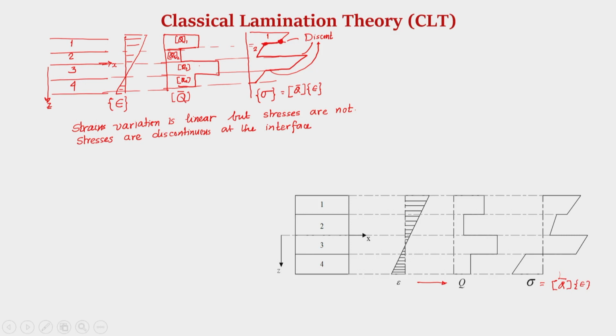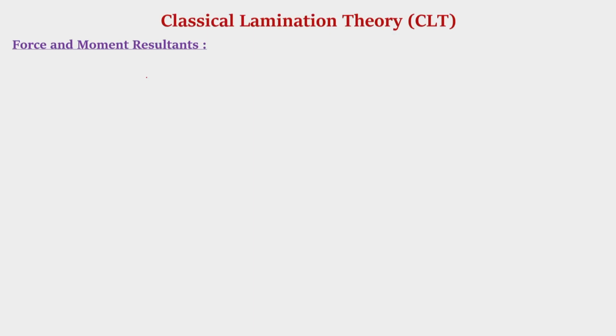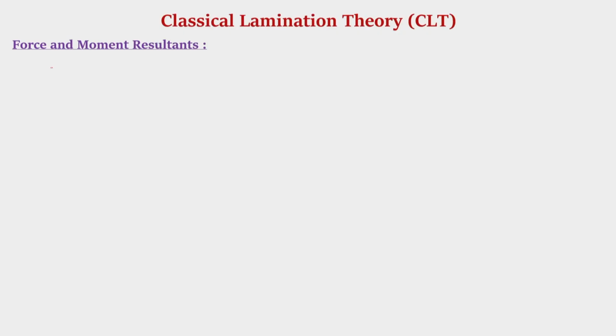Now, since the stresses are discontinuous across the thickness and in each layer the stresses are different, it is convenient to actually represent these stresses in terms of force and moment resultant. Now, what is force and moment resultant? What we do is we represent the effect of stresses in each layer by means of stress resultant like this.